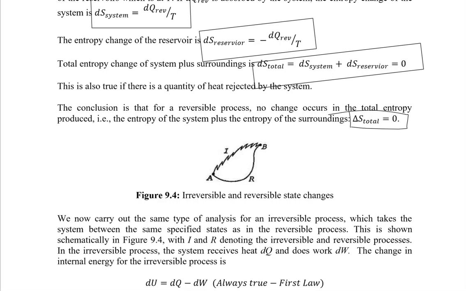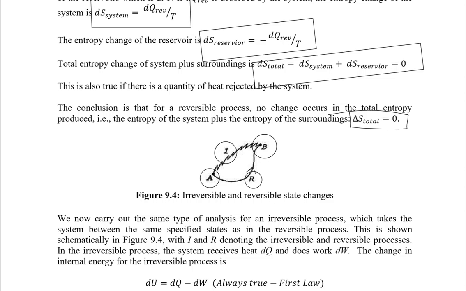Now let's have another system and another process. Let's assume we are going from a state A to a state B in a process which is reversible, and we are coming back from B to A, but that is irreversible.